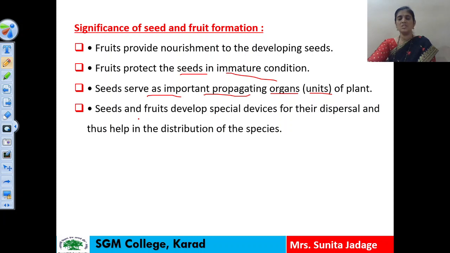Some seeds and some fruits have special characteristic features, special devices. With the help of these devices, they are dispersed from one place to another, by animals or human beings or other sources, and therefore they get distributed all over the environment, all over the world, and the distribution of species is carried out with these special devices.